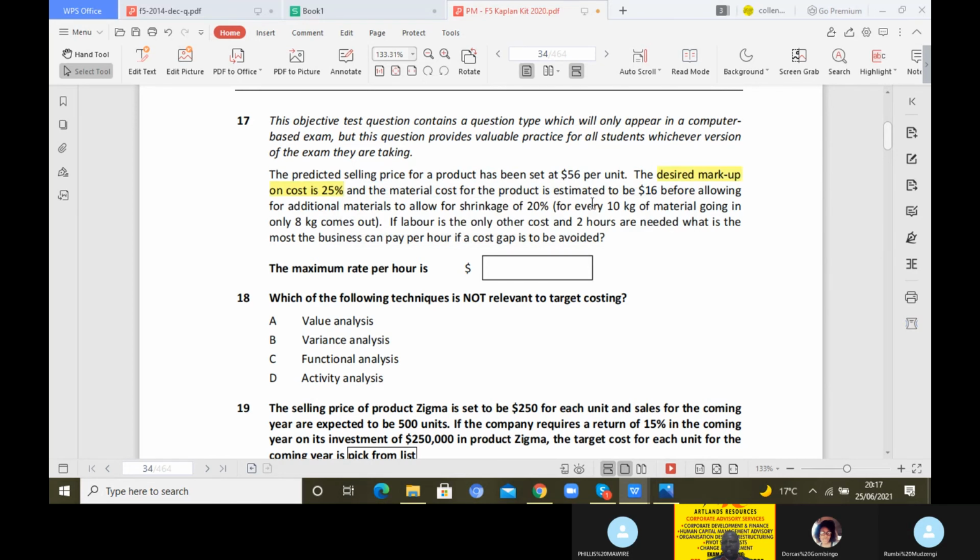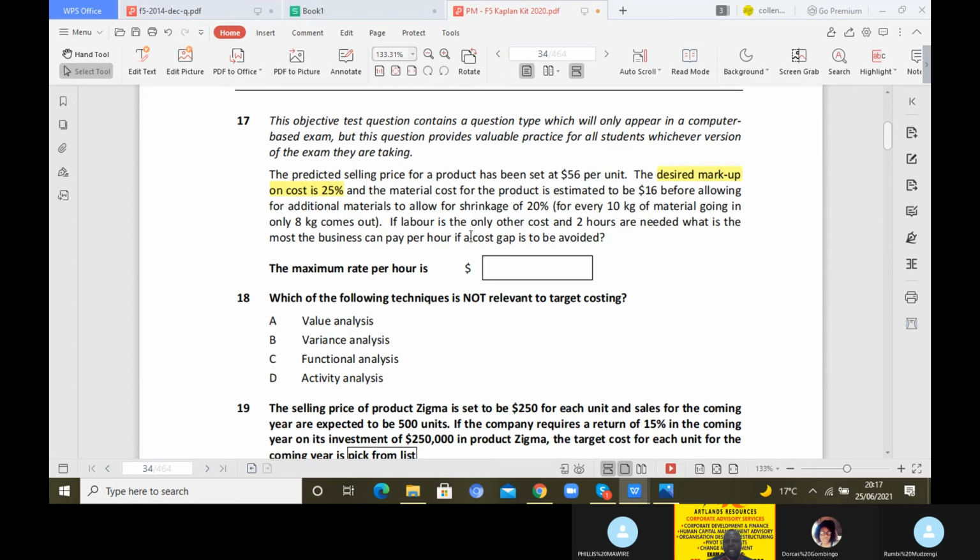And the material cost for the product is estimated to be $16 before allowing for additional materials to allow for a shrinkage of 20%. That is, every 10 kgs of materials used, only 8 kgs comes out. If labor is the only other cost, 2 hours are needed. What is the most the business can pay per hour if the cost gap is to be avoided?